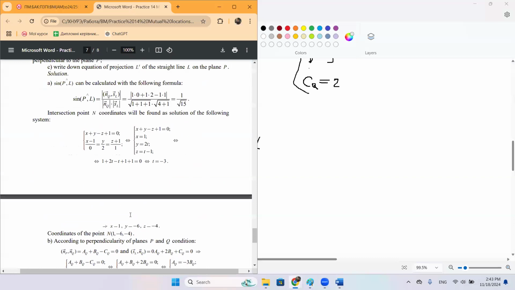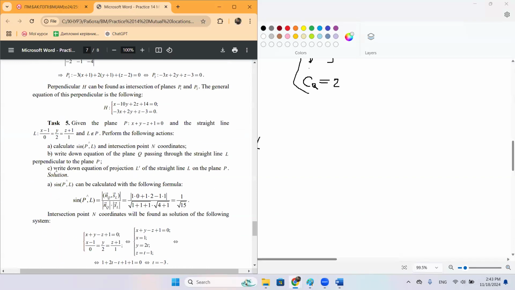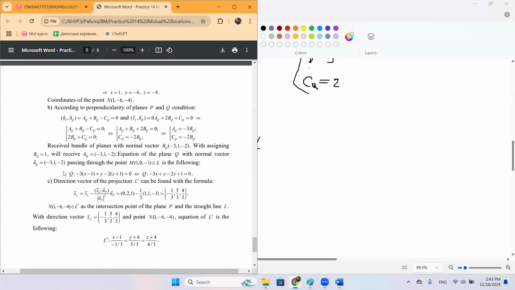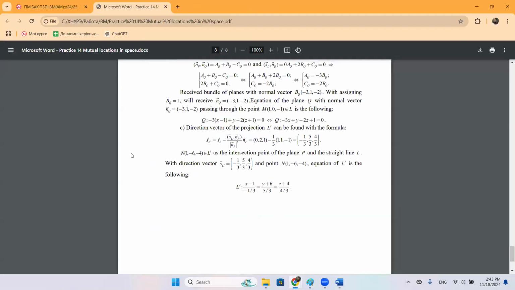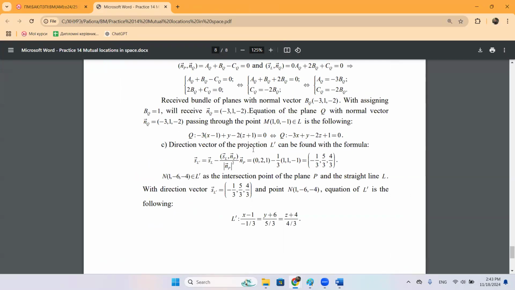And what else do we have to find? Write down the equation of the projection of the straight line L on the plane P. To save our time, we will look at it here. This is the formula of projection, how to find the projection of a line on a plane. We need to find the direction vector of this projection, S for L prime, with the next formula.